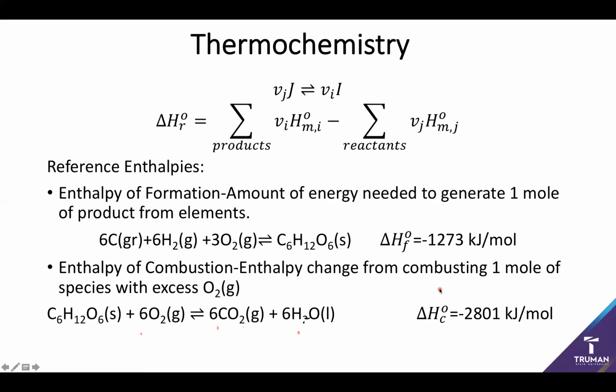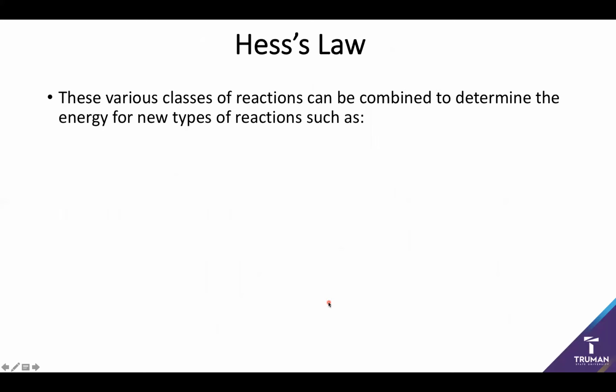Now, one of the great things is that as long as all of my enthalpies are in terms of formation or combustion, I can simply take the enthalpies of every given species in a reaction, plug it into this simple difference, and get an enthalpy of reaction. But again, one of the nice parts about Hess's law and its description of thermodynamic functions is that I can combine any type of reactions I have to produce new sorts of reaction enthalpies.